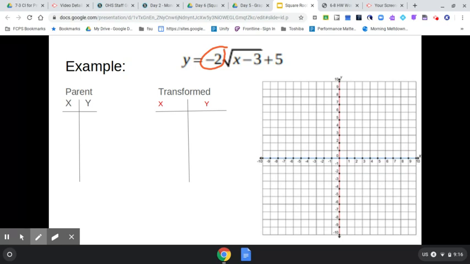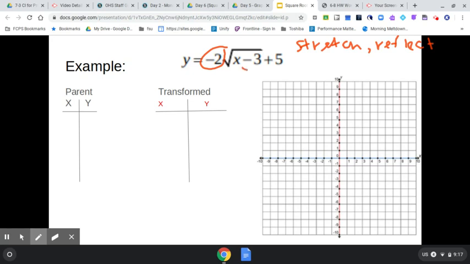So that -2 is going to stretch the graph and reflect. The reflection happens because it's a negative number. The stretch happens because it is a value that is larger than 1.